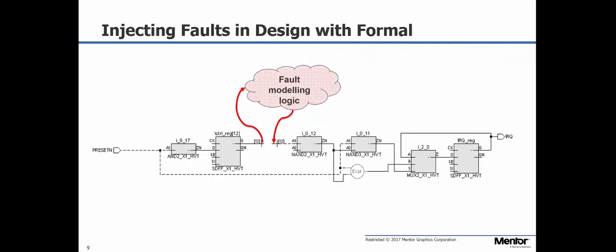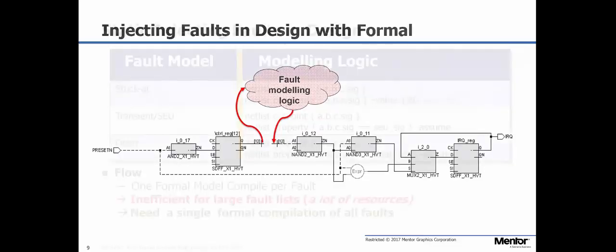If you have a transient, you can do the same: cut the net and provide some signal to force the transient behavior. Similar for open. The main drawback, if you do this, is that you have to specify these cut points at compile time.